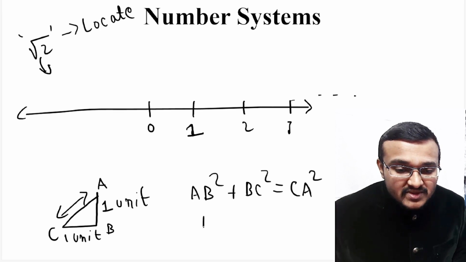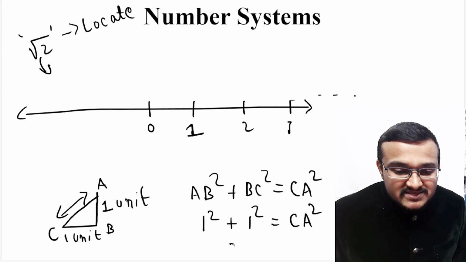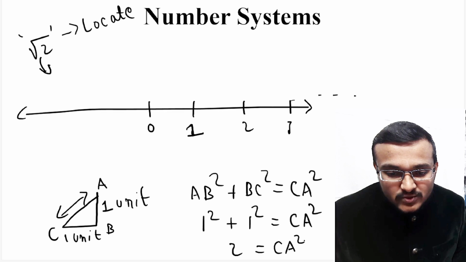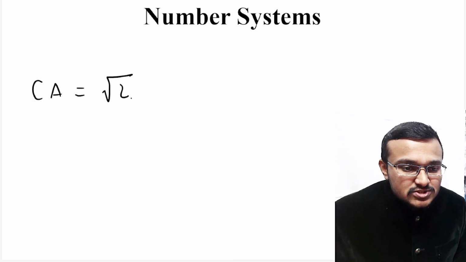So what is AB? AB is 1 unit, so that is 1 square, plus BC is also 1 unit, that is 1 square, which is equal to CA square. So 1 square plus 1 square is 2, which is equal to CA square. That means CA is equal to square root of 2.